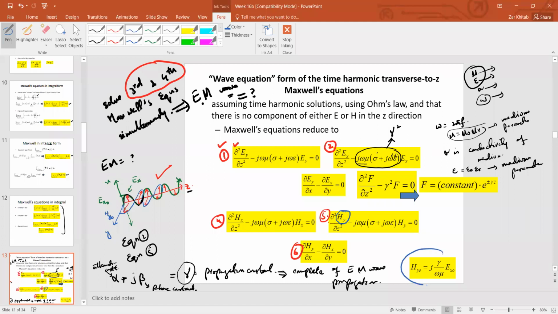Now, the relationship between Ex naught and Hy naught is j gamma omega mu. This is the relationship between Ex naught and Hy naught. So if I only know one equation, either 2 or equation 5, I can fully explain this electromagnetic wave.